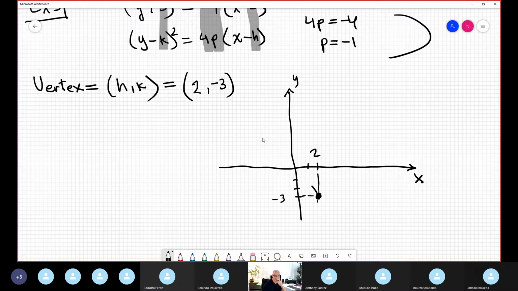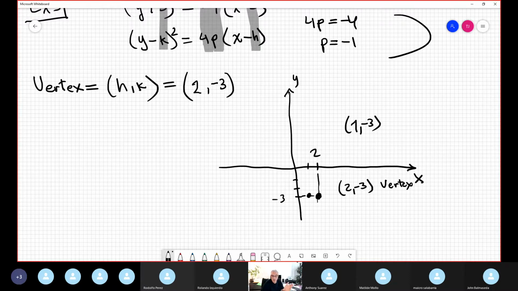I know that this parabola opens in that direction. I don't know exactly how, we'll determine it approximately, but I have some idea. So the focus is located here, at distance p, and p is 1. At that point, the focus is (1, -3), to the left of the vertex, of course.